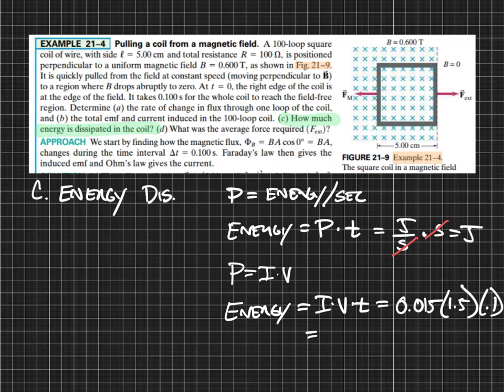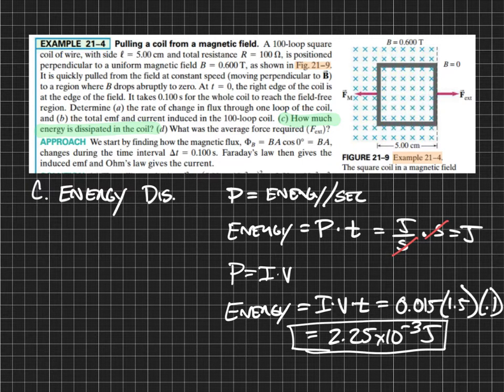And from that, I get an energy that is dissipated of 2.25 times 10 to the negative 3 joules.